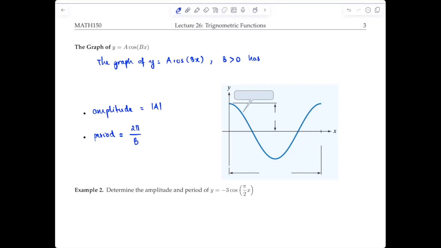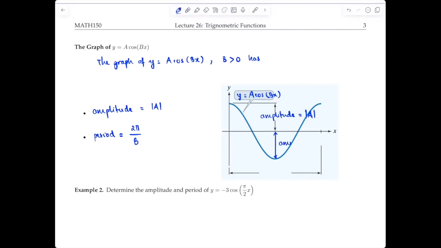Now when you go to the graph, you can see that this graph right here is the graph of the cosine function. So this is y equal to a times cosine of bx. And again, this is the amplitude, equal to the absolute value of a. Amplitude is measured from the x-axis to the highest point on the graph, or you can measure the amplitude from the x-axis to the lowest point on the graph.